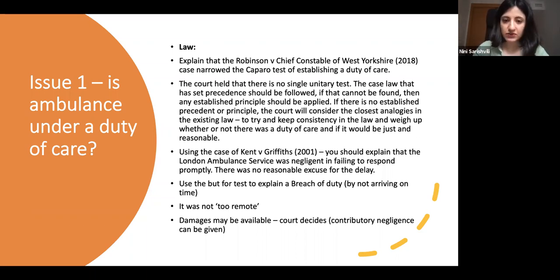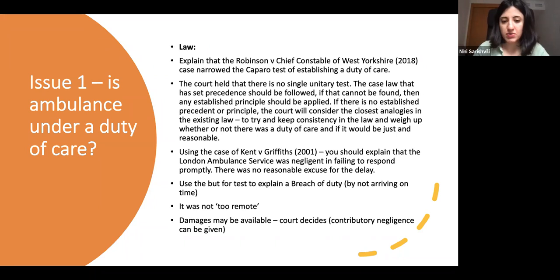In Kent v Griffith, the ambulance service was negligent in failing to respond promptly. There was no reasonable excuse for the delay. The Bradford test was applied, and it was argued that there was breach of duty, but for the ambulance service's negligence, the damage wouldn't have happened.